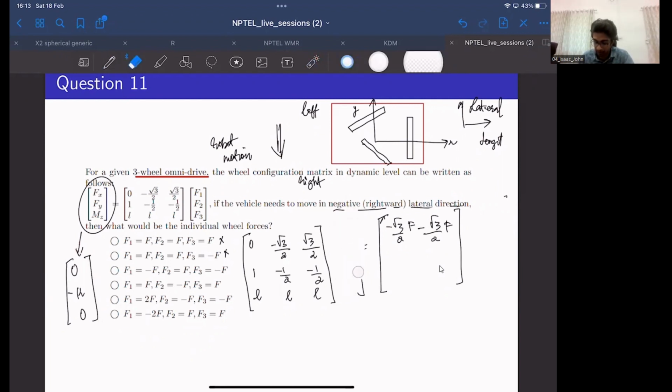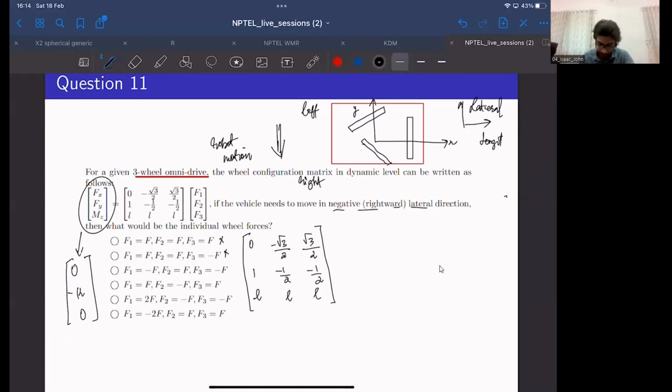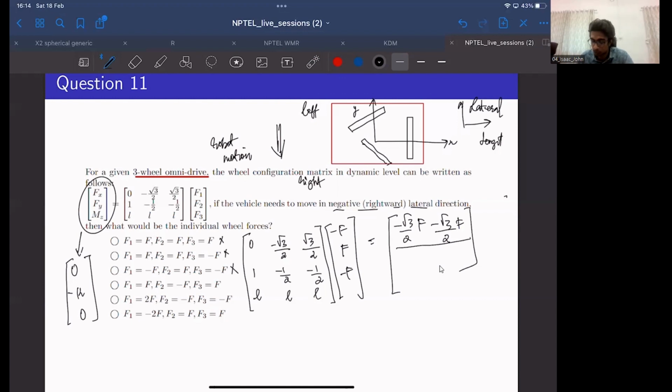So we can straight away rule out this choice also, because we would want that to be 0, but we have a non-zero entry. The third case is negative F, plus F, plus F. If we multiply this, what will we get? Minus root 3 by 2 F minus root 3 by 2 F. Again, for the first entry we have a non-zero entry here also.